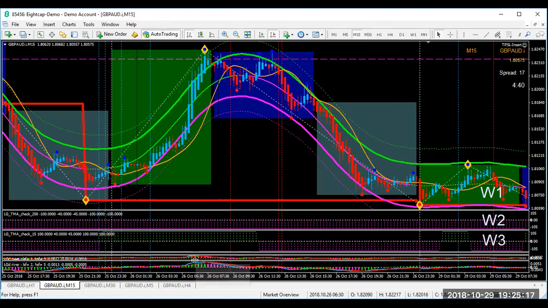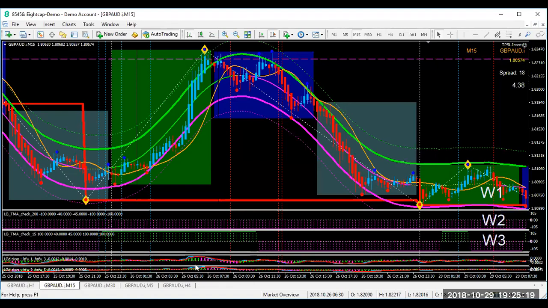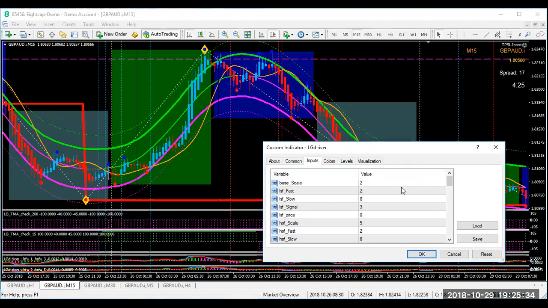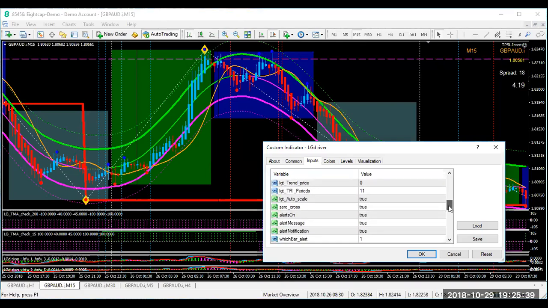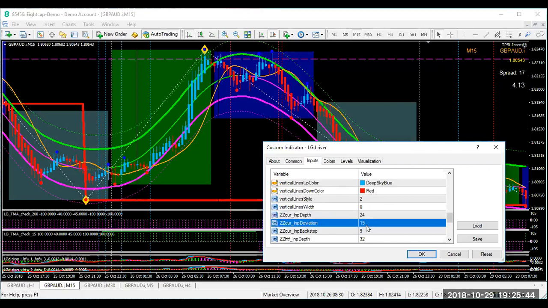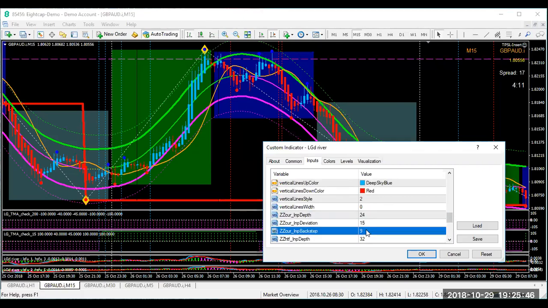I've actually given you an additional LG river, because the LG river is what actually draws these lines, and it's just offset with a setting. But once again, it still knows about the red and blue diamonds. So once again, this is very much in sync with its bigger brother LG river. They're both set at 24.15.9.